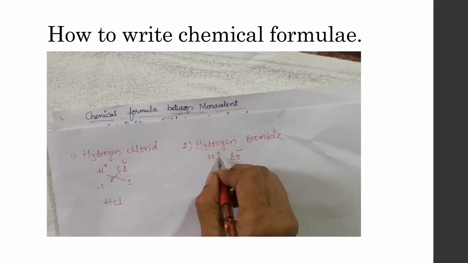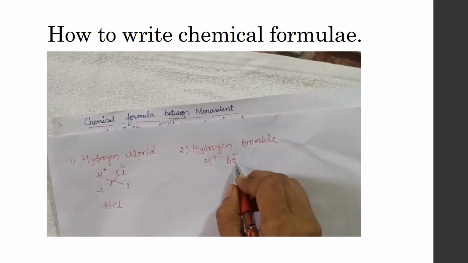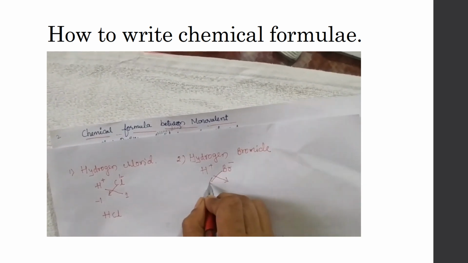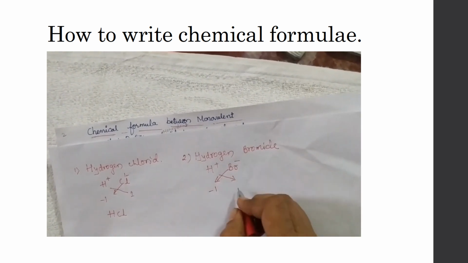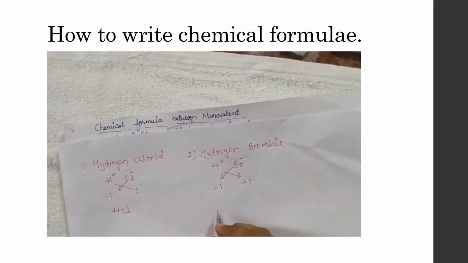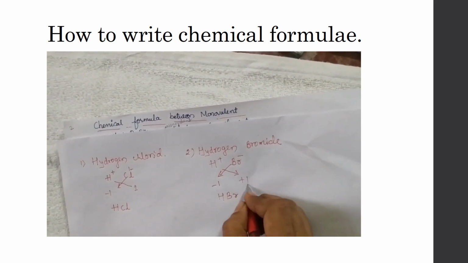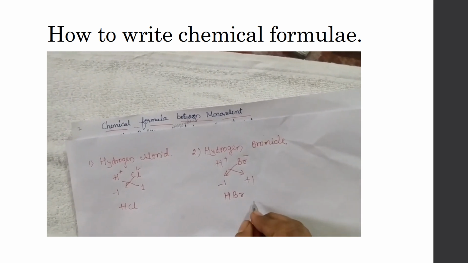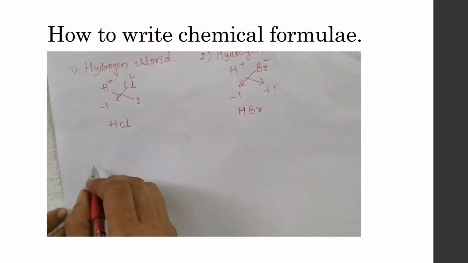Here the valency will be +1 for H and -1 for Br. Now we write these valencies like this: -1, +1. Now it will be HBr. Here the subscript is 1, so we avoid writing this 1. Then it becomes HBr, hydrogen bromide.